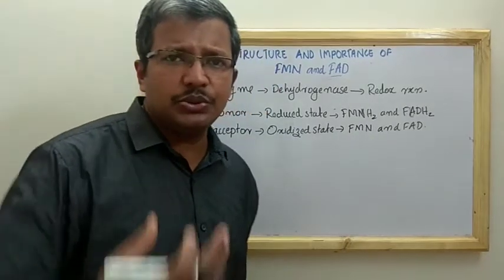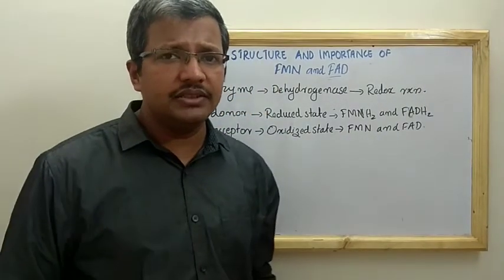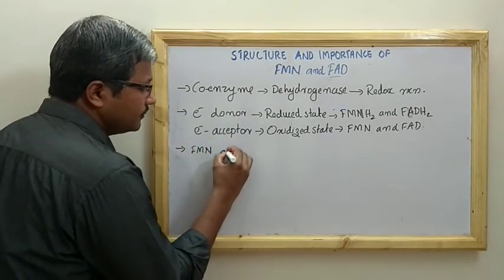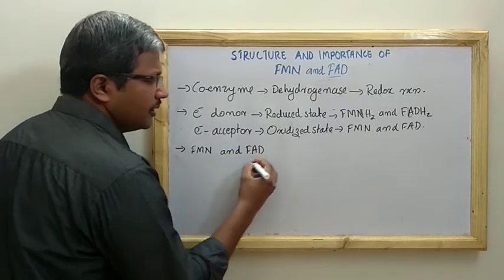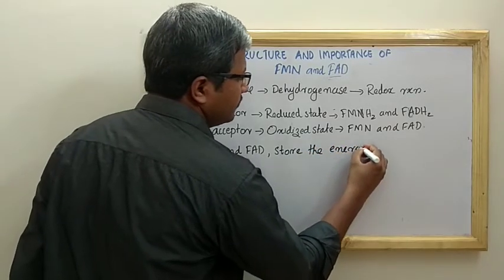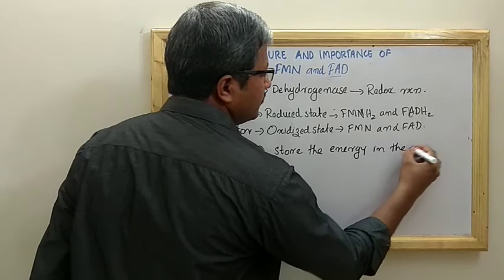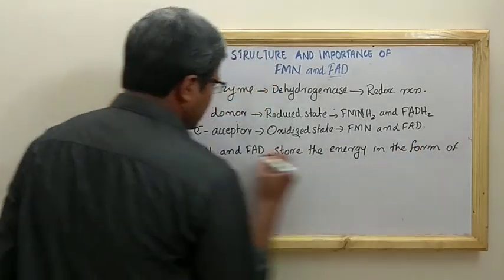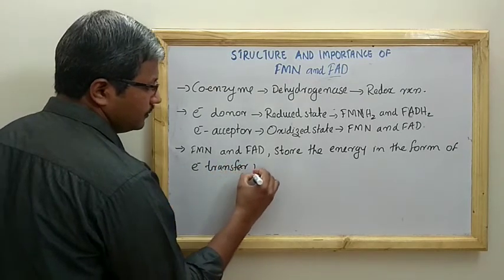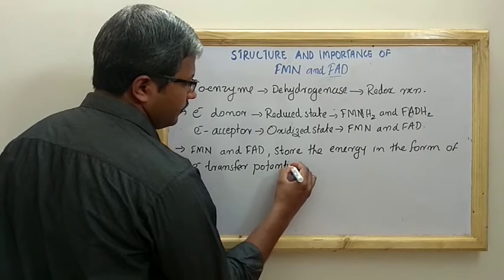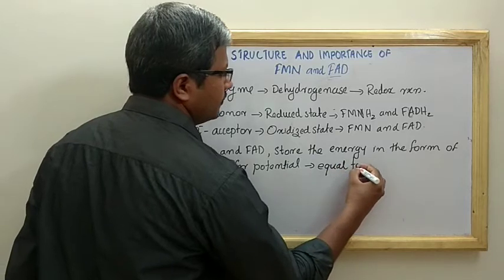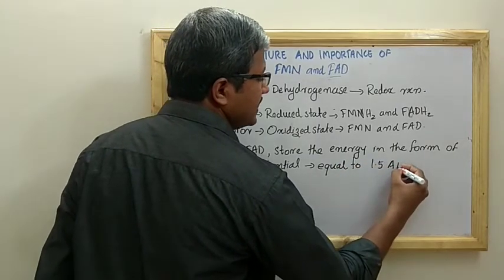If the energy resource is lesser, what will be happening? FMN and FAD store the energy in the form of electron transfer potential, which will be equal to 1.5 ATP.